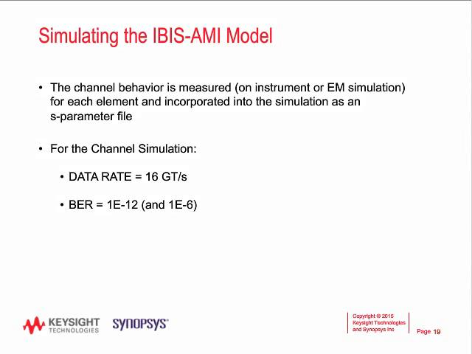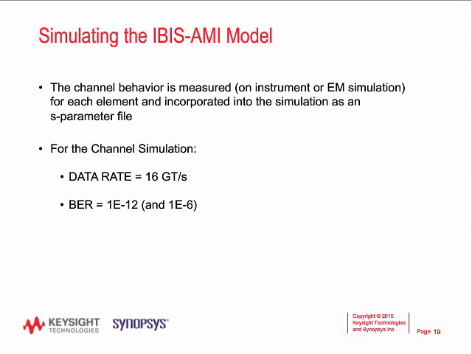We wanted to make sure that we have simulations that can be directly correlated with measurements, and hence the BER of 10 to the minus 6 simulations. At the same time, we wanted to make sure we are able to compare the eye at the two BER levels to make sure that we will pass the spec at BER of 10 to the minus 12. So again, you'll see in our simulation results that we actually have collected results for both simulations.